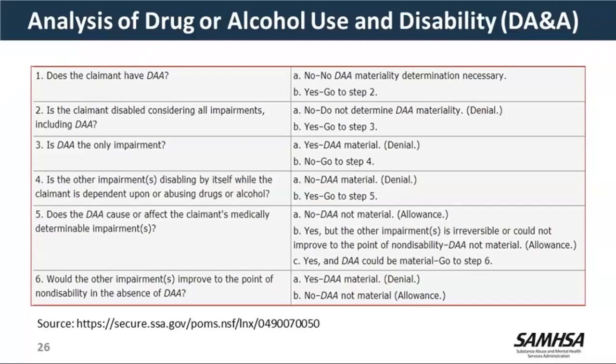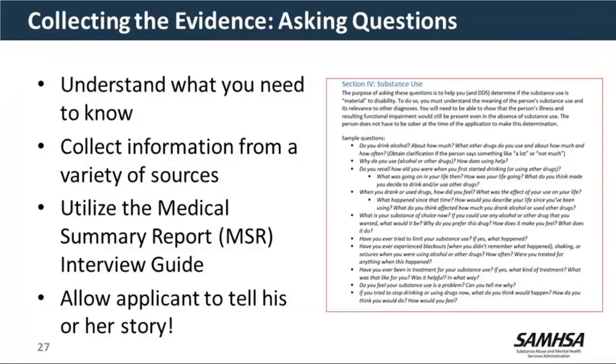So I think this is a new perspective for SOAR providers who haven't seen this before. It gives us a better understanding of exactly what SSA and DDS need to understand when they're presented with a case with a co-occurring disorder. Which leads us to this slide.